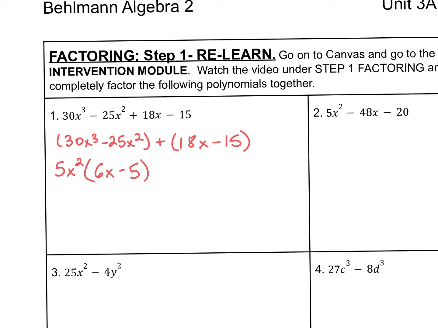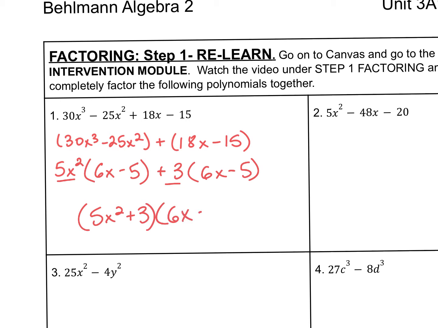They're not going to have a common variable, but 18 and 15 both have a positive 3. When we take that out, we're left with 6x minus 5, which matches my other set of parentheses, which is what I wanted. My final answer is my outsides together times my insides. And that is it.